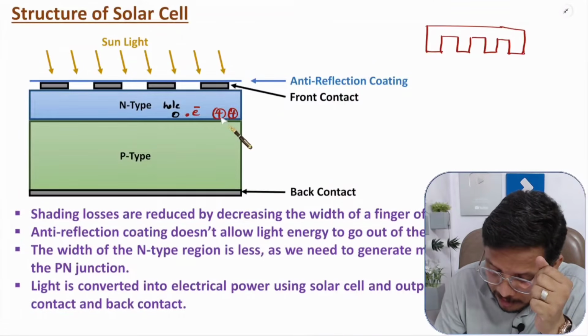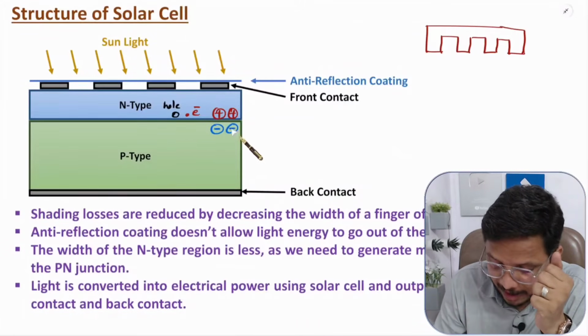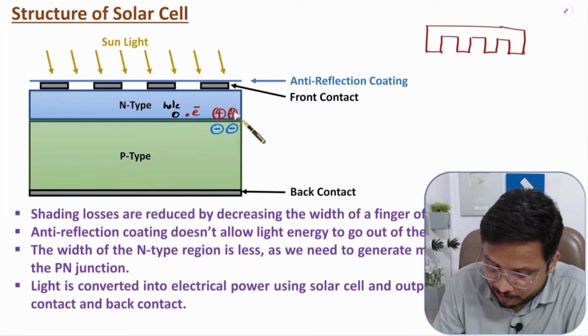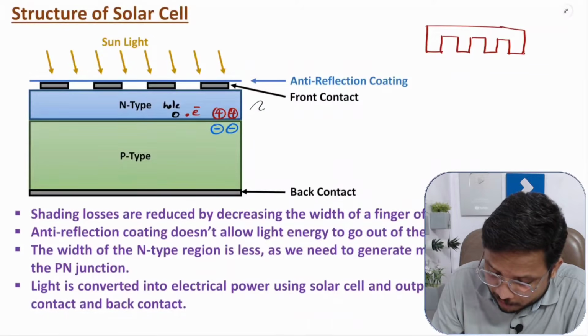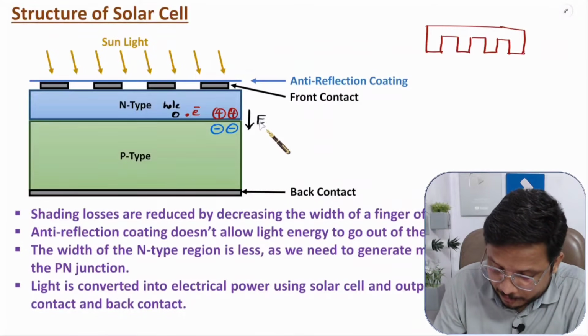So here there will be positive ions. And the P-type is accepting electrons, so it will be forming negative ions. Because of these positive and negative ions, there will be formation of an electric field, and that electric field will be from the positive ions to the negative ions. So that is how the electric field will be there.